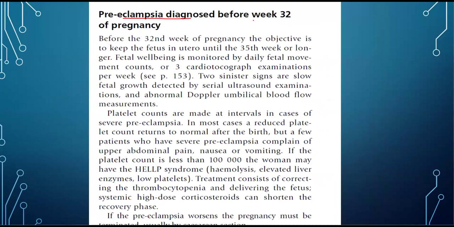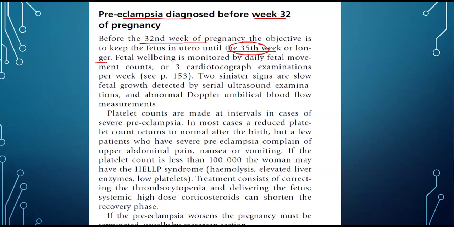Preeclampsia diagnosed before 32 weeks of pregnancy: the objective is to keep the fetus in utero until at least 35 weeks or longer, because by the time baby is 35 weeks, the lung will be mature enough. So for preeclampsia patients diagnosed before 32 weeks, your best choice would be to prolong the pregnancy, if you can, up to term. If you can't, then at least up to 35.